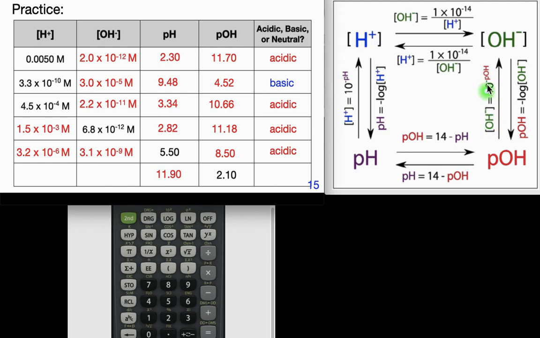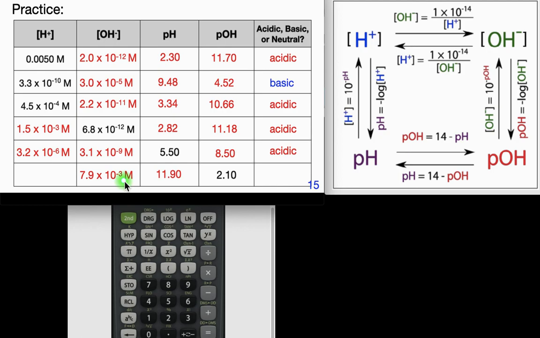So type in 2.1, make it a negative number. Hit the second function, logarithm, that's the antilog, and that'll give you the hydroxide ion concentration.